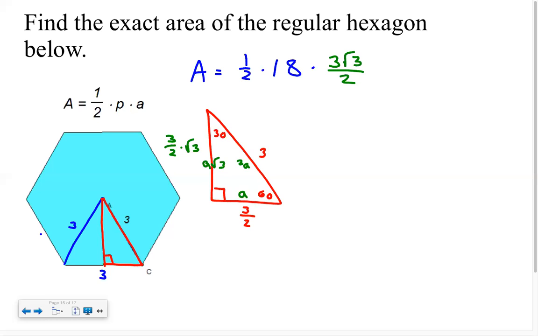So 1/2 times 18 times 3 is 27. I think we have to leave it like that, otherwise we get a decimal. Okay, that's an exact answer. Again, it's not pretty. I don't like it. Most of the time we let you guys find the area as decimals, but every once in a while we may say, give us an exact answer. Or we may say, what's the exact length of the apothem in radical form? Then you can plug that in, like we could multiply all this out and get a rounded decimal answer. So this is the way, if we need an exact answer, we would have to do it.